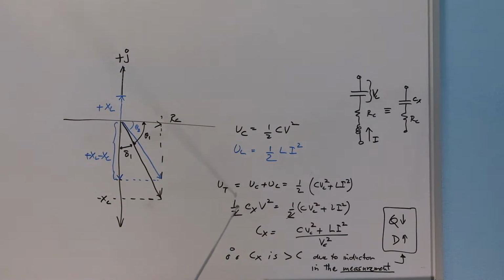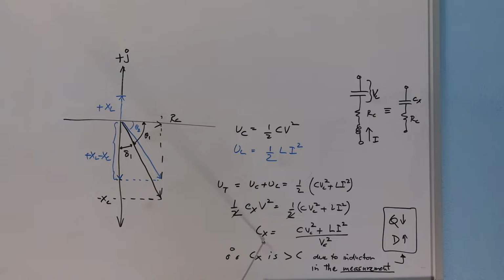Now if the measurement is being done by an instrument, it has to report a capacitance value, and so you can basically assume that capacitance has the total energy of the capacitor and the inductor in it. If you then equate the new capacitance value to the sum of these two energies, you can derive Cx, the equivalent capacitance, as C VC squared, which is the voltage across the capacitor, plus L i squared, which is the inductance times the current squared, divided by Vc squared.